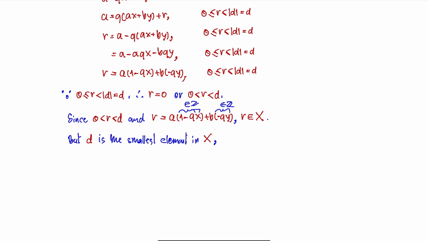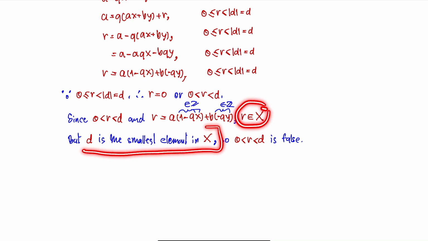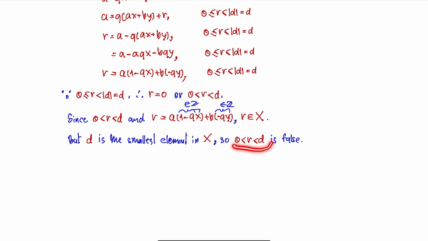Hence, r greater than 0 and less than d is false. Why? Because r is less than d, but r is in set x, and d is the smallest element in set x, so this inequality, r less than d, is false.